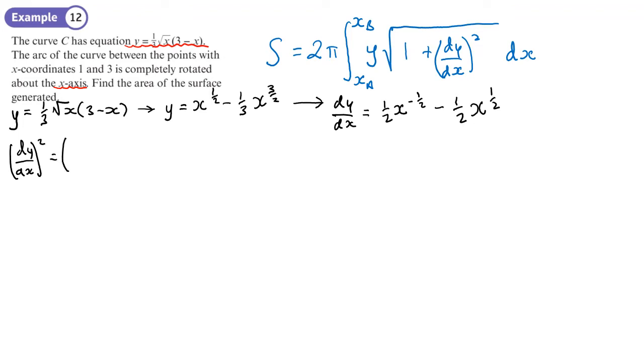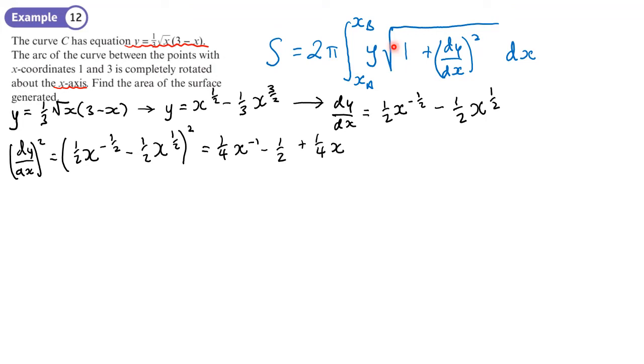Now we're going to work out dy/dx all squared. So that's going to be half x to the minus a half minus half x to the half times itself. Multiplying that out, that'll give us a quarter x to the minus 1 minus a half plus a quarter x.